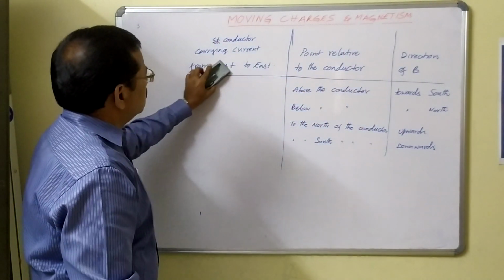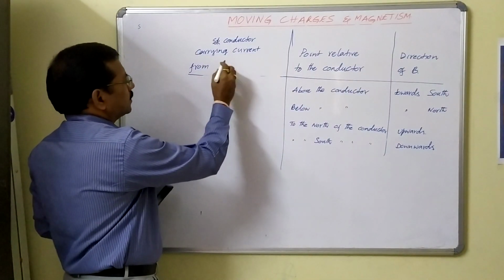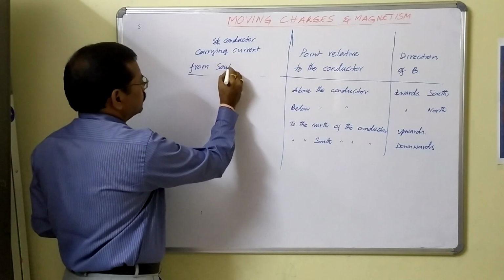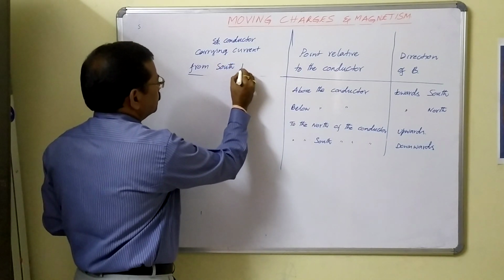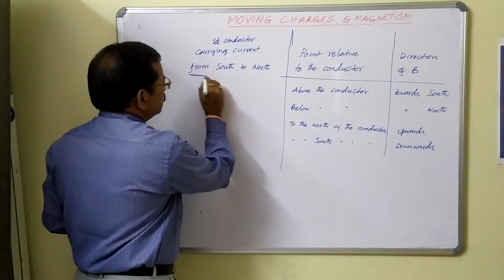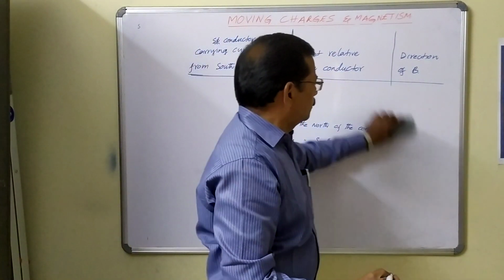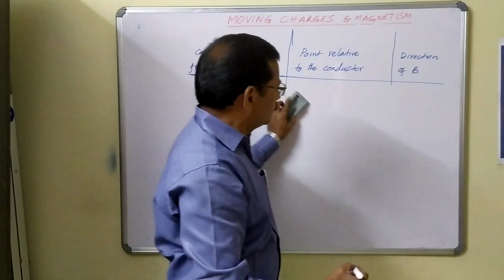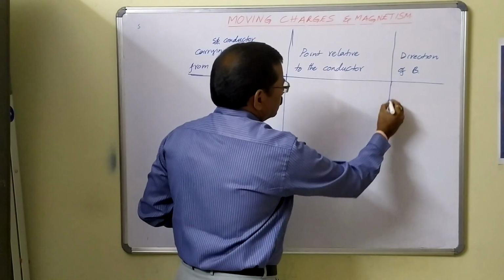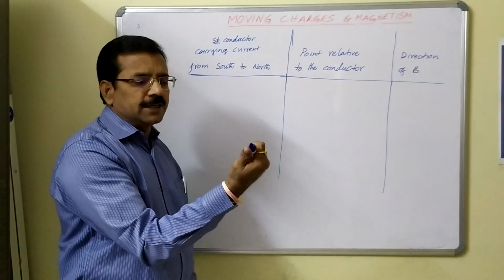Now, consider another case where the straight conductor is carrying current from south to north. So once again, the conductor is in the horizontal plane.